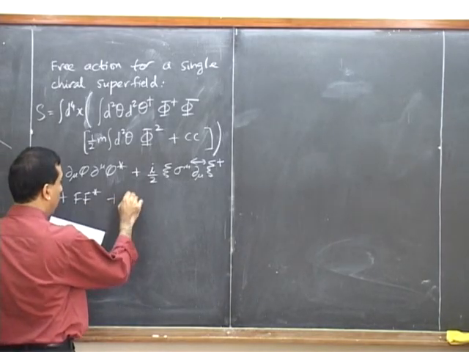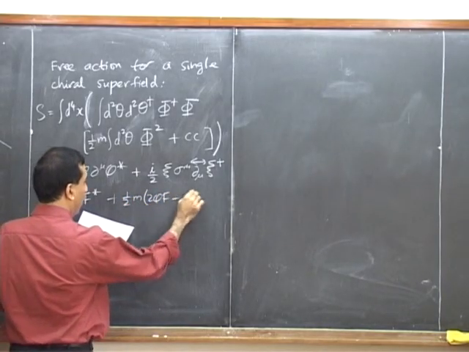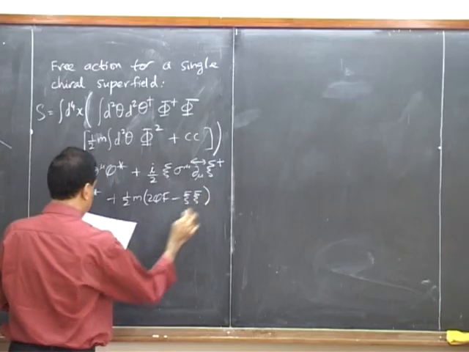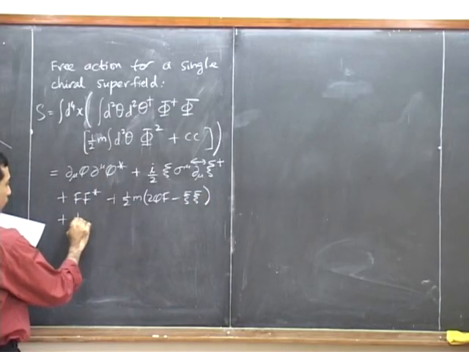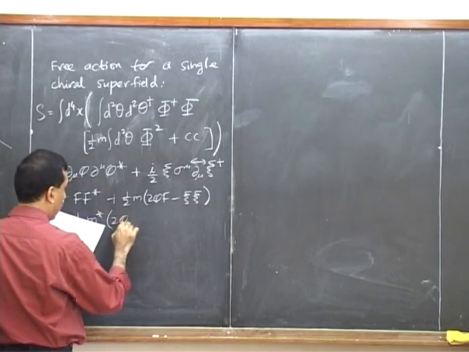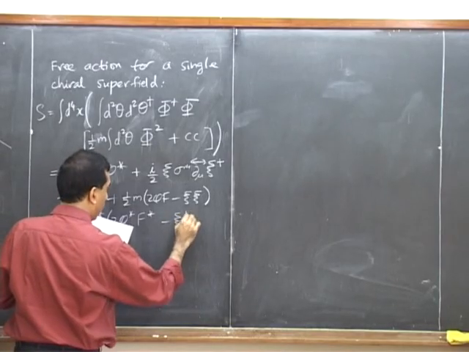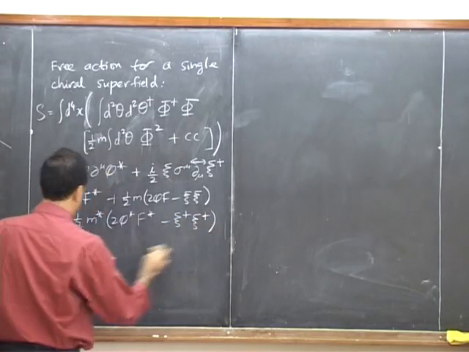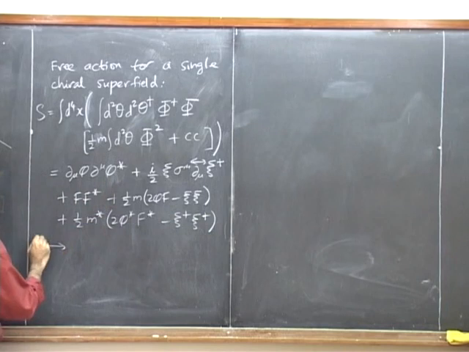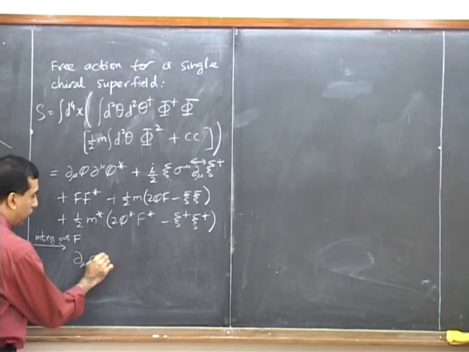In addition to this, we got half m times 2 phi F minus psi psi and its complex conjugate. And this thing, after integrating out F, the auxiliary field, then reduces to a more familiar form.